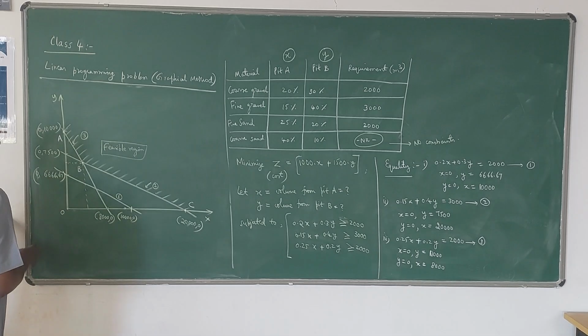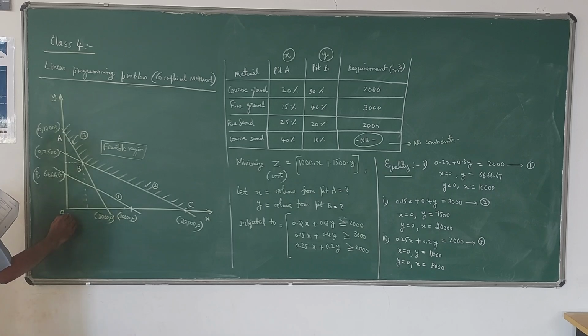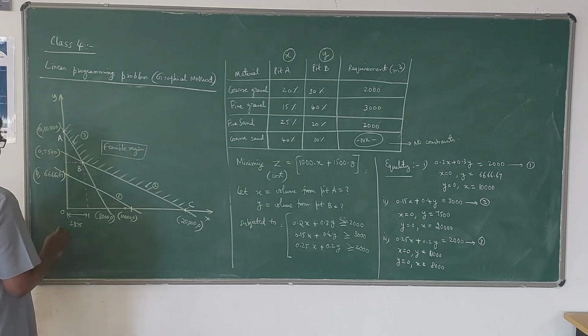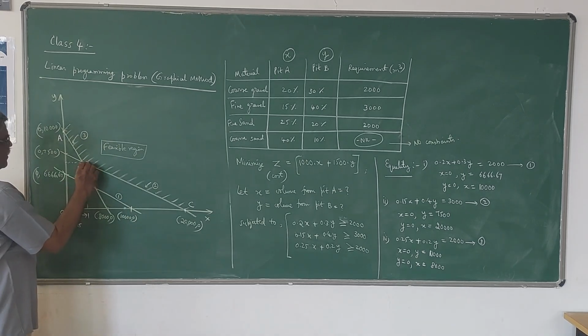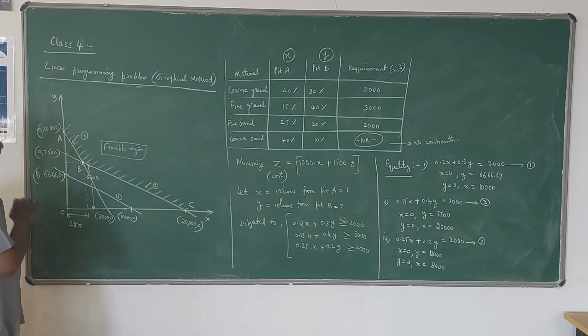From the graph, if you take the coordinates of B, x is 2,875, and the y value is 6,400. After drawing the graph, you can locate the points here.